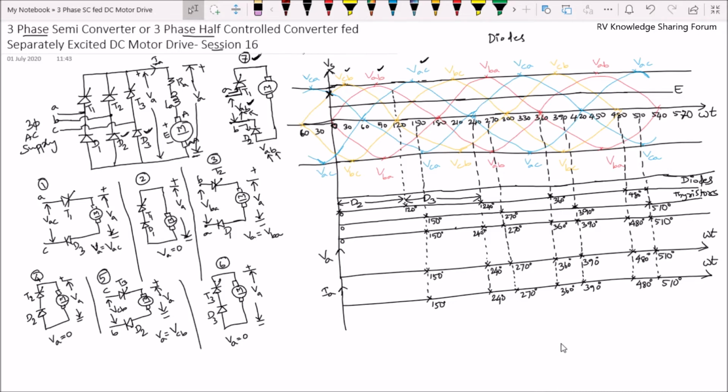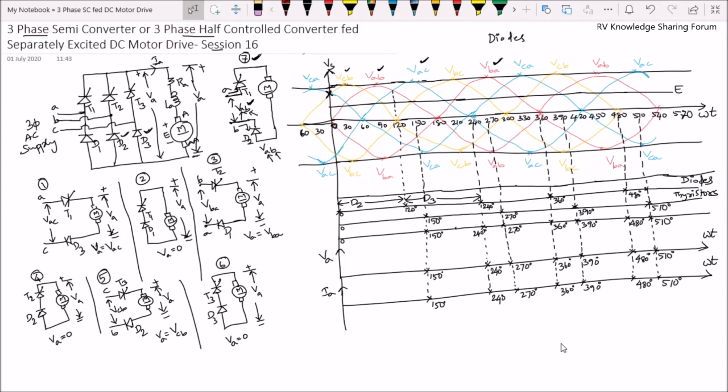Now next let us consider the line voltage VBA. Here the second letter is A. So now let us refer to the main circuit. The A is connected to the diode D1 in the lower leg, right? In the main circuit you can see that the line A is connected to the diode D1 in the lower leg.